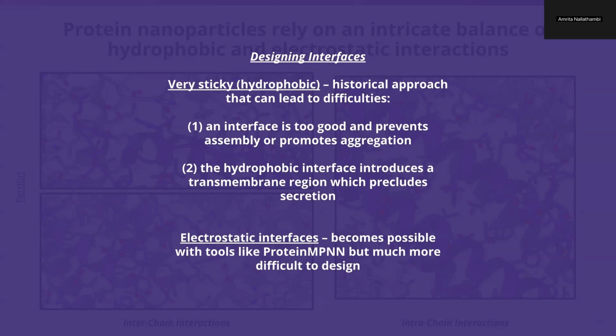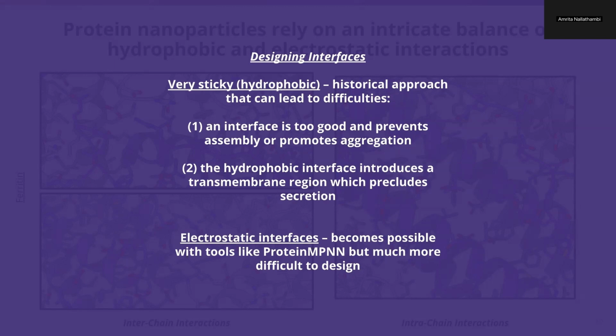If you make a very hydrophobic interface, it's easy to bring those two together. However, it can be too sticky in that it rigidly shoves them together, and you need a little bit of pseudosymmetry, a little bit of flexibility to actually form a nanoparticle. And so if it's too sticky, you lose that. And then the other thing is obviously you're going to get a lot of aggregation if you have a really hydrophobic interface.